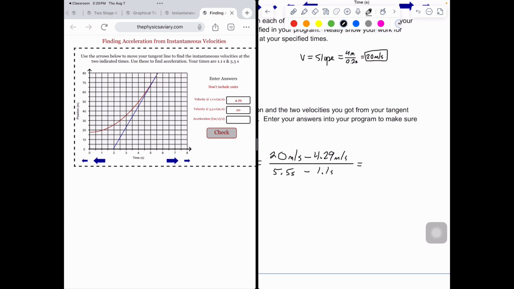My change in velocity between that time interval is 15.71 meters per second.